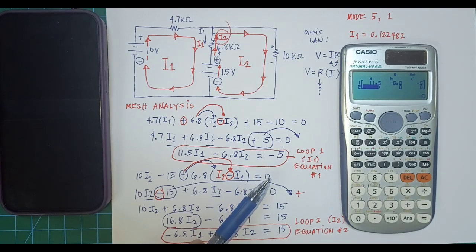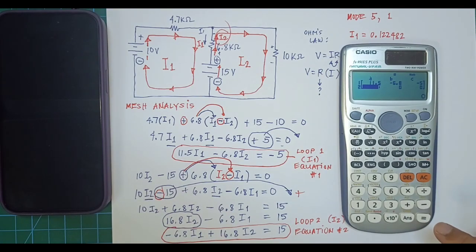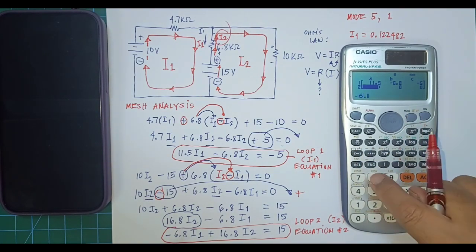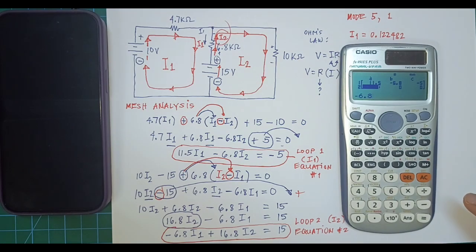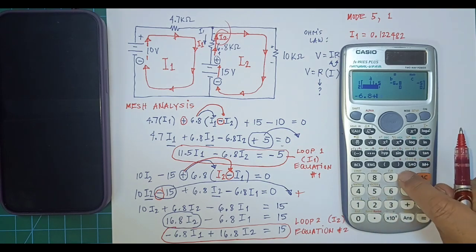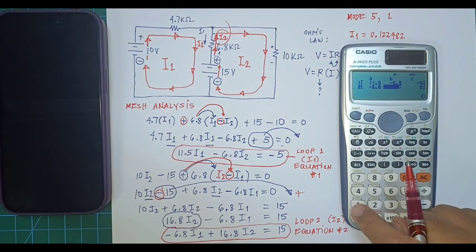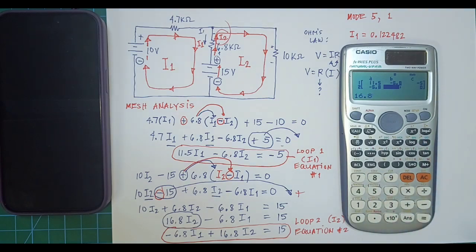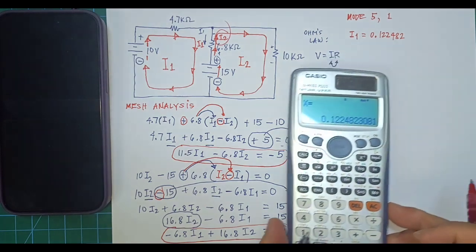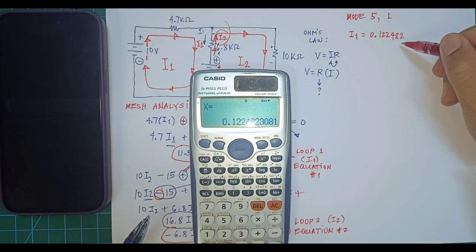And we have another one, negative 6.8 equals, and then positive 16.8 equals, and 15 equals, and then press the equal sign, and you got the answer of 0.1224823081, if you want to write all of the digits.